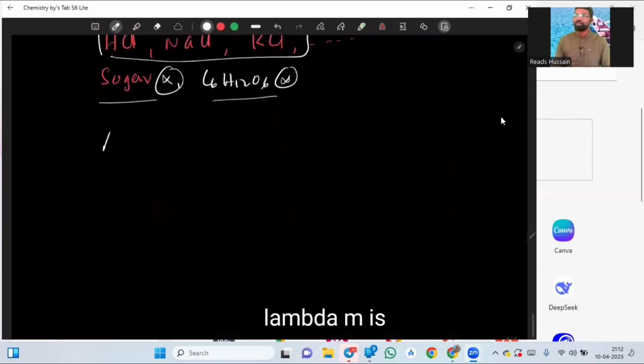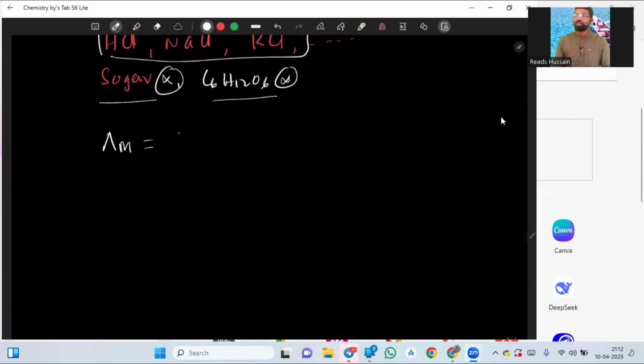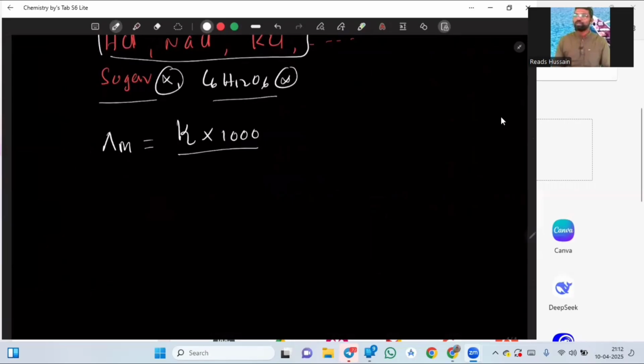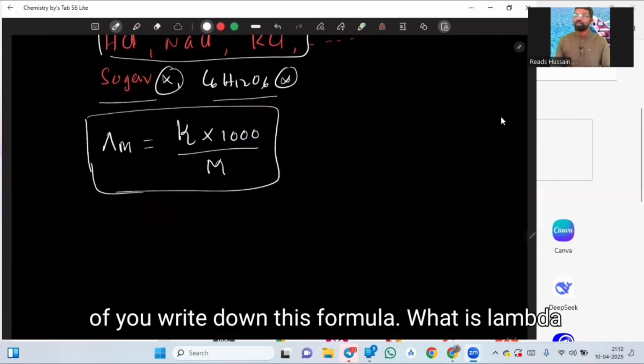Lambda m is equal to K, it's not K actually, kappa, into 1000 by M, capital M. Write down this formula. All of you write down this formula.